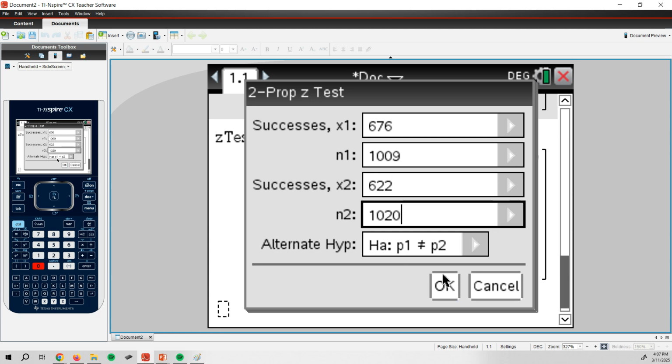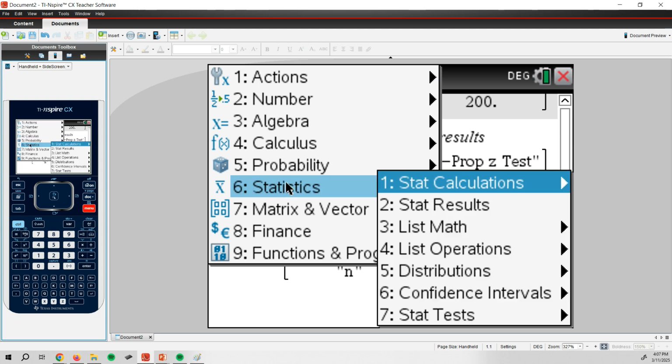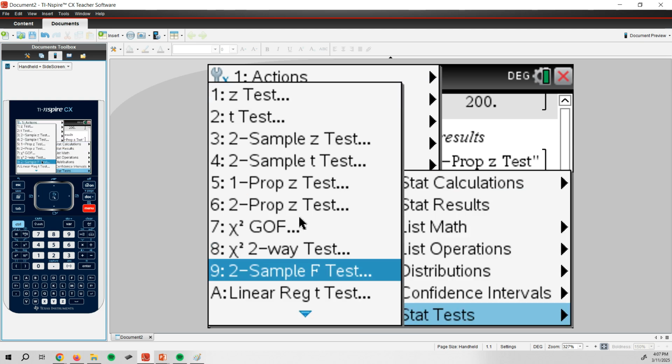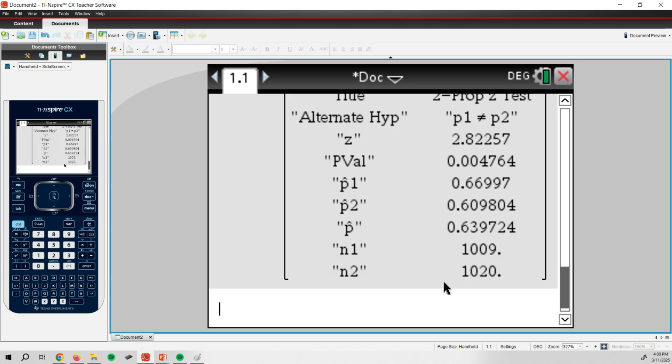We want to stay not equal to. Come on, cross your fingers. Hey, look at that. We got something.